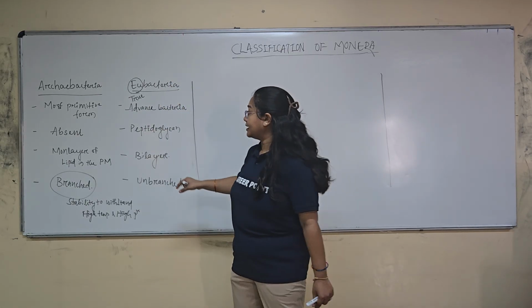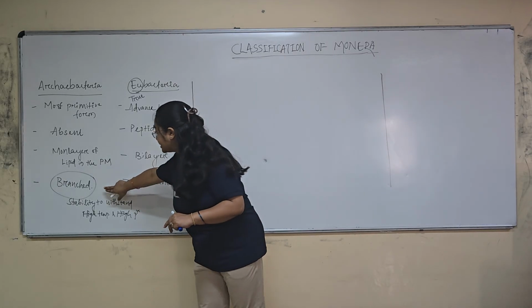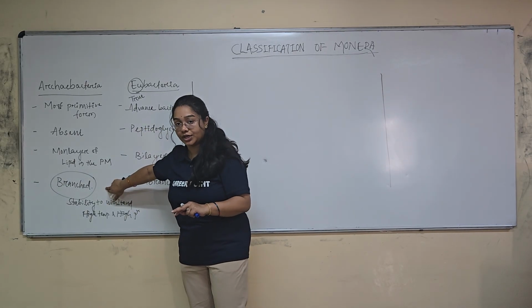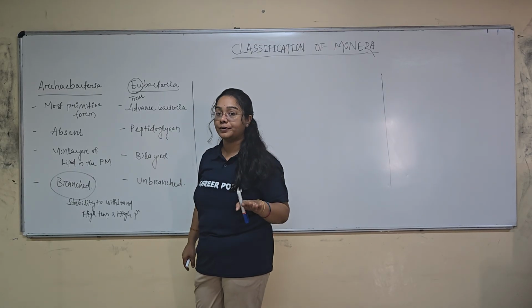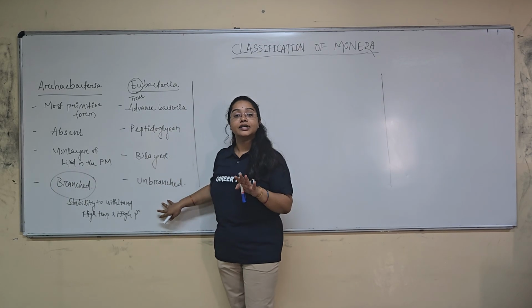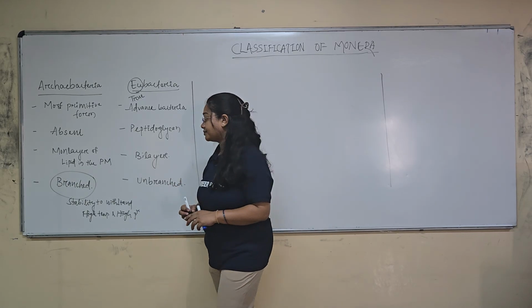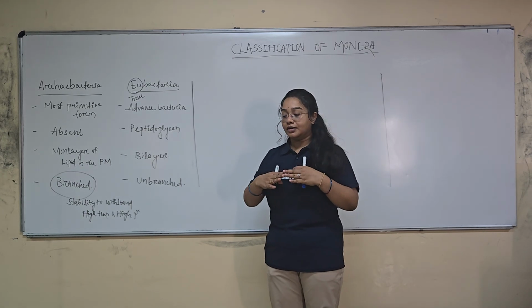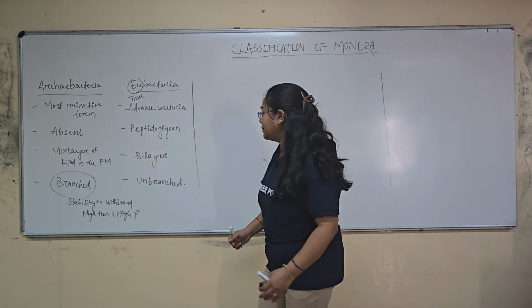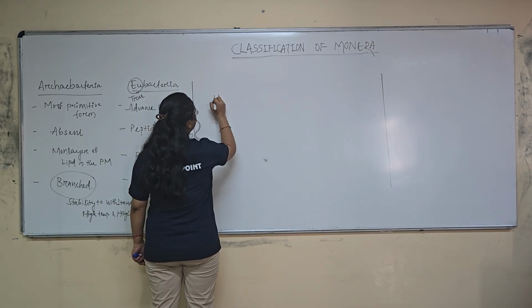So the stability in their cell wall is due to the branching of the lipid. Since the lipid of Eubacteria is not branched, they are not thermostable or pH stable.